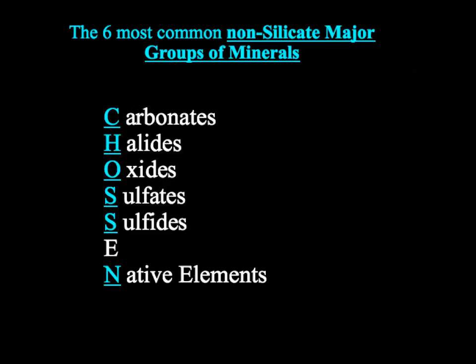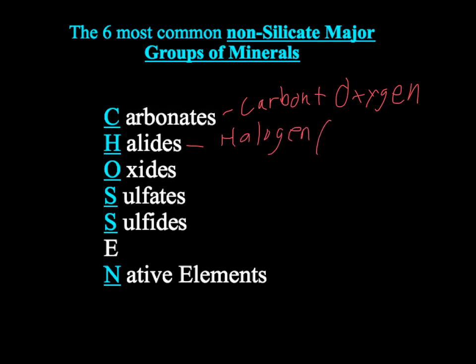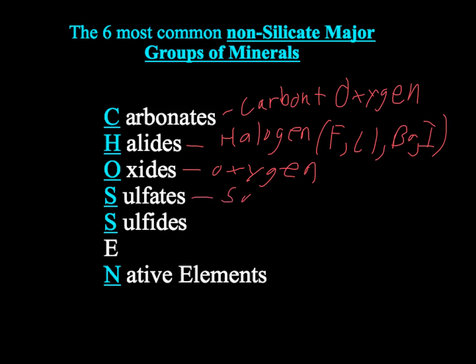So the C stands for carbonates, and they have carbon and oxygen. The halides have a halogen, which is that family that includes fluorine, chlorine, bromine, and iodine. All right, oxides, well, they contain oxygen. Sulfates contain sulfate, which is an ion ending in SO4.